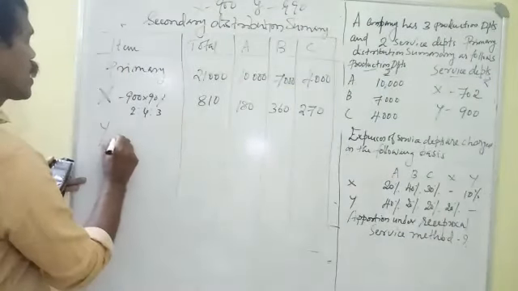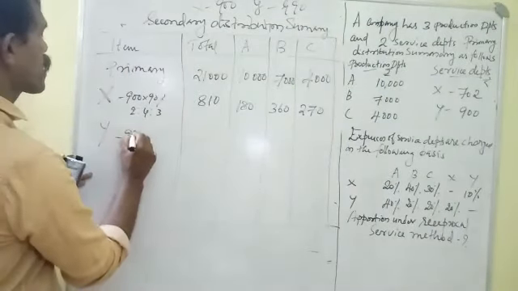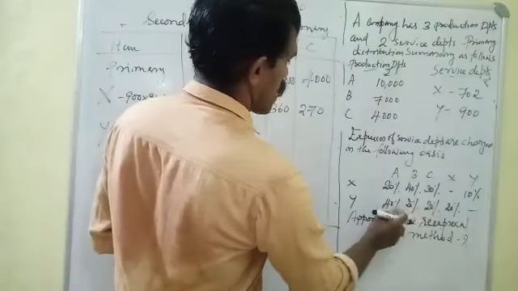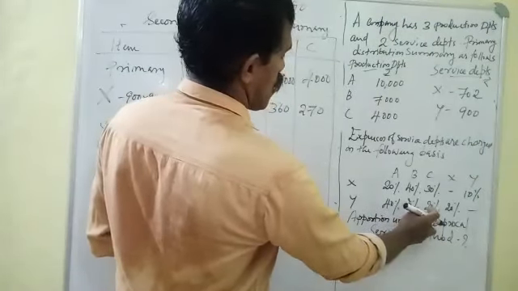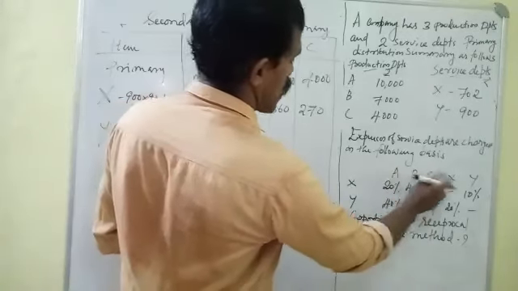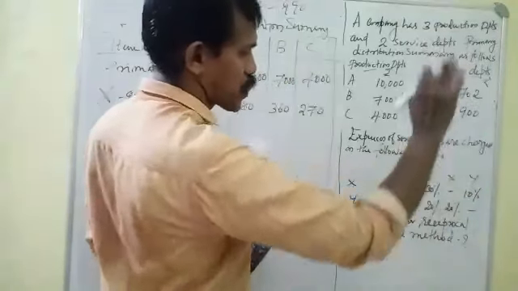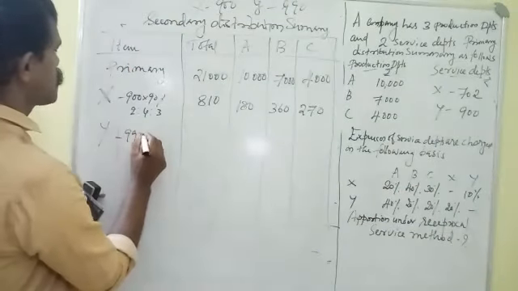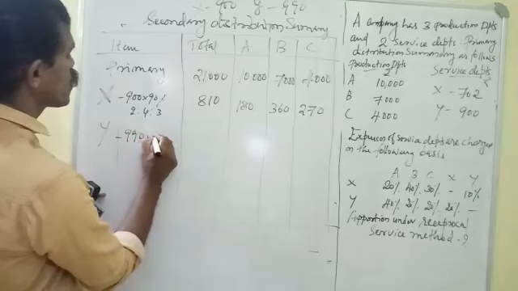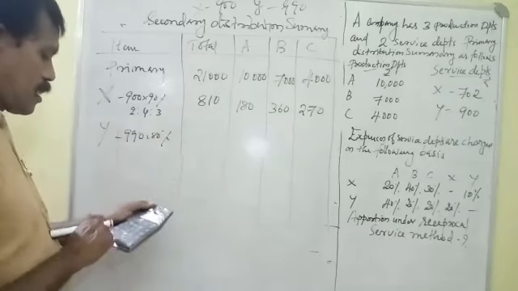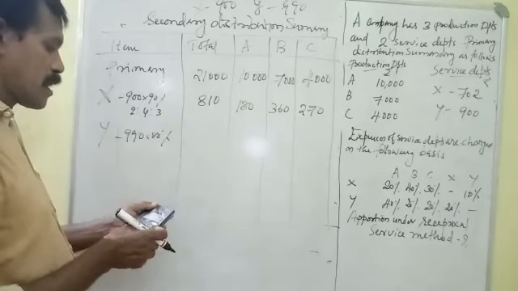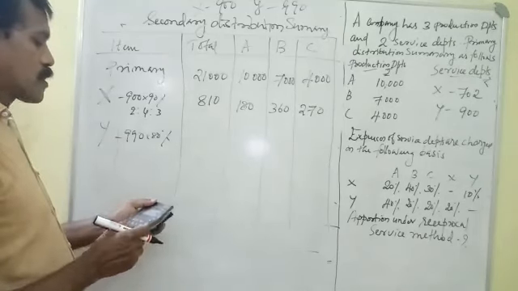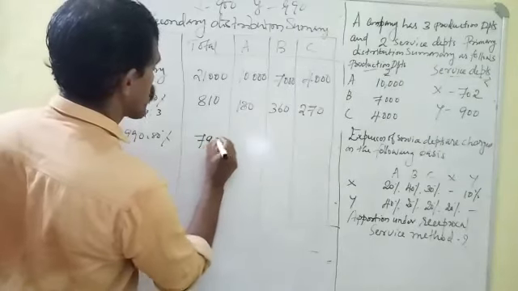Then for Y, the total overhead we found out is 990, but 80% is available to A, B and C. 20% we actually transferred to X. So 990 into 80% comes to 792.